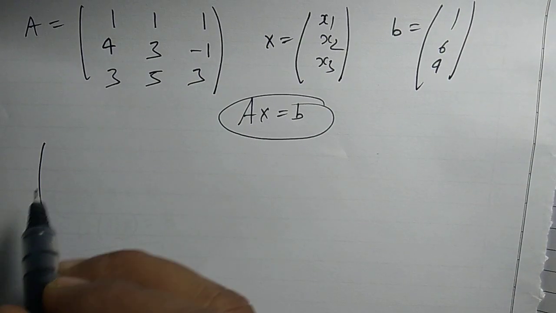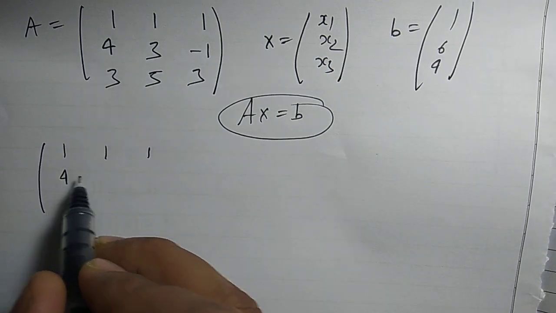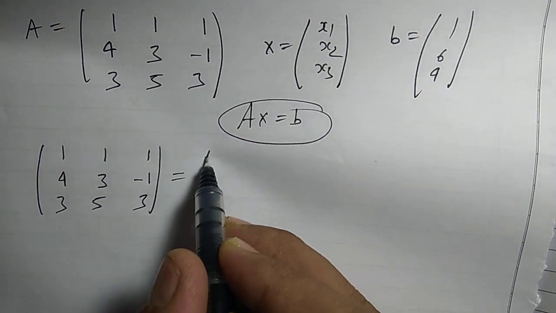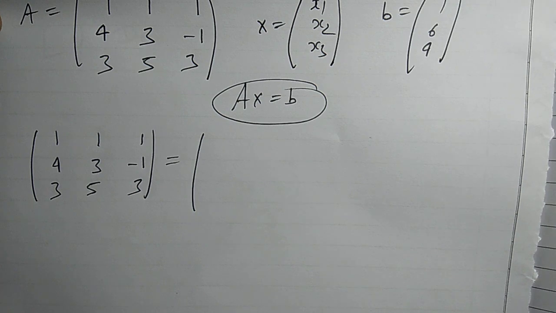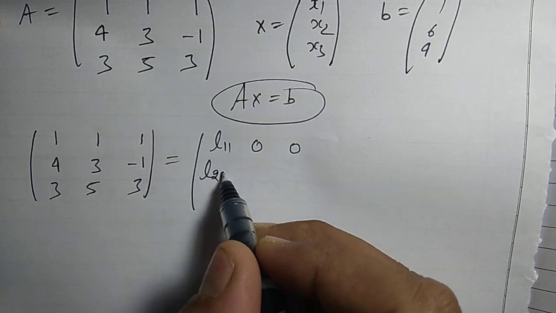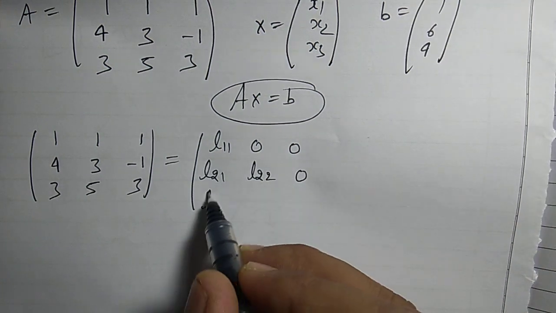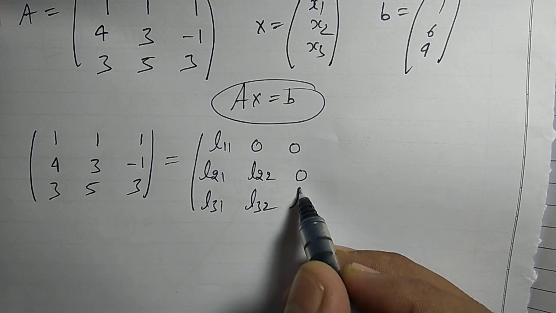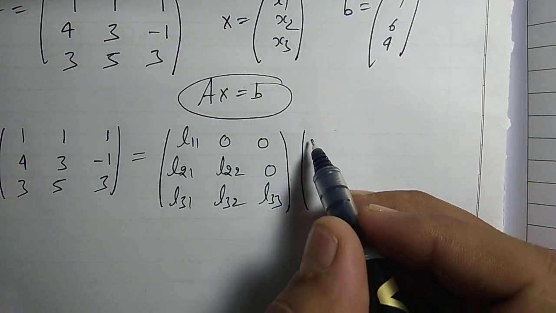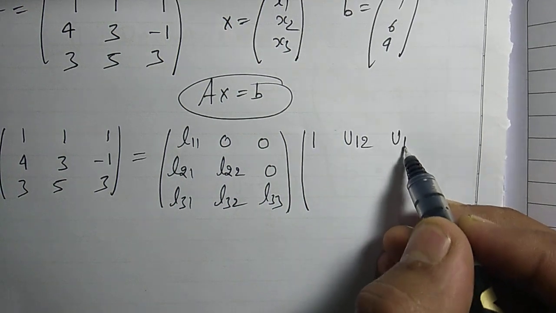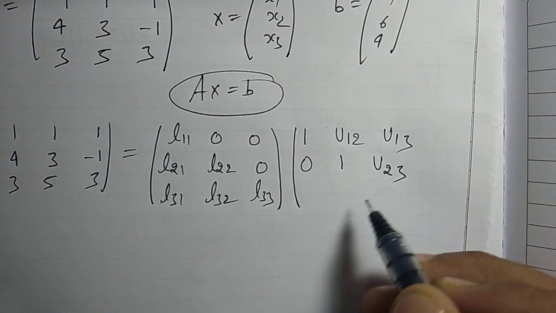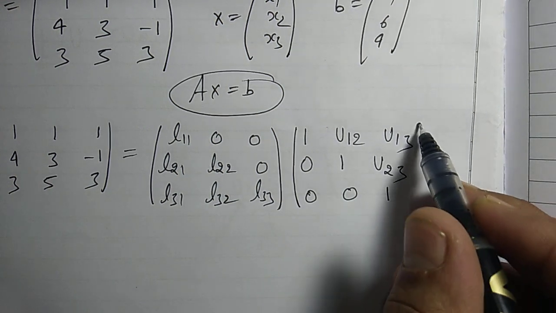So we write the given A matrix, [1, 1, 1; 4, 3, -1; 3, 5, 3], as the product of a lower triangular matrix L11, 0, 0, L21, L22, 0 and L31, L32, L33, and an upper triangular matrix 1, U12, U13, 0, 1, U23, 0, 0 and 1.